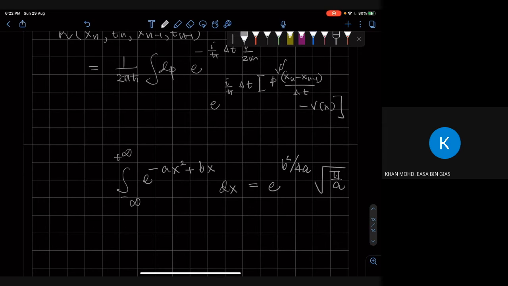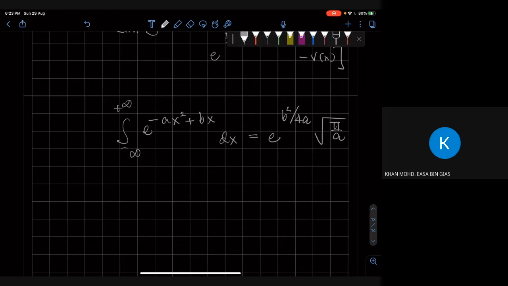So we can use this in this integral. What we have to do is identify a to be i by h bar, delta t by 2m, and b to be i by h bar, xn minus xn minus 1.